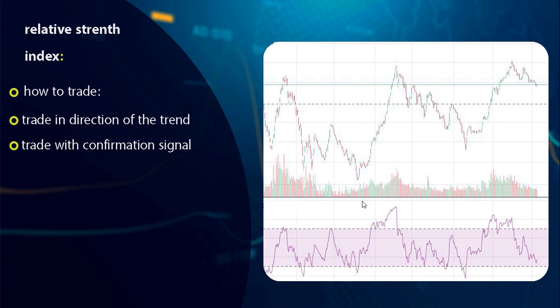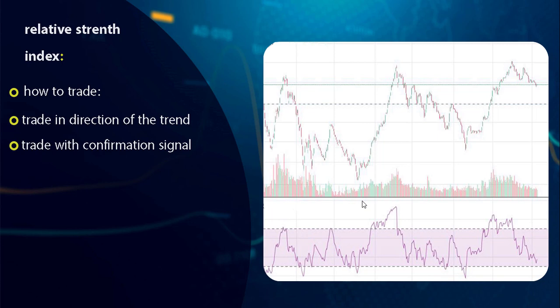We need to get signals from other parts of technical analysis, for example candlestick patterns or price action signals, or we can get a signal from trend lines.